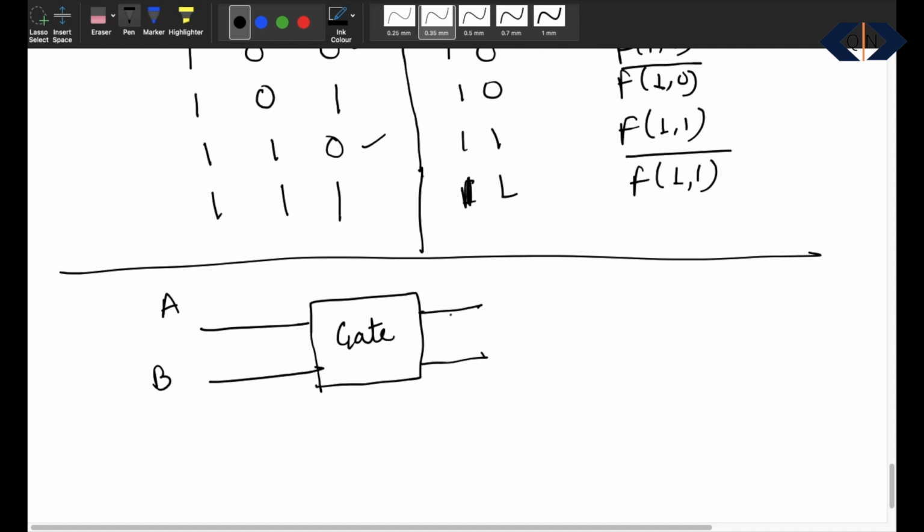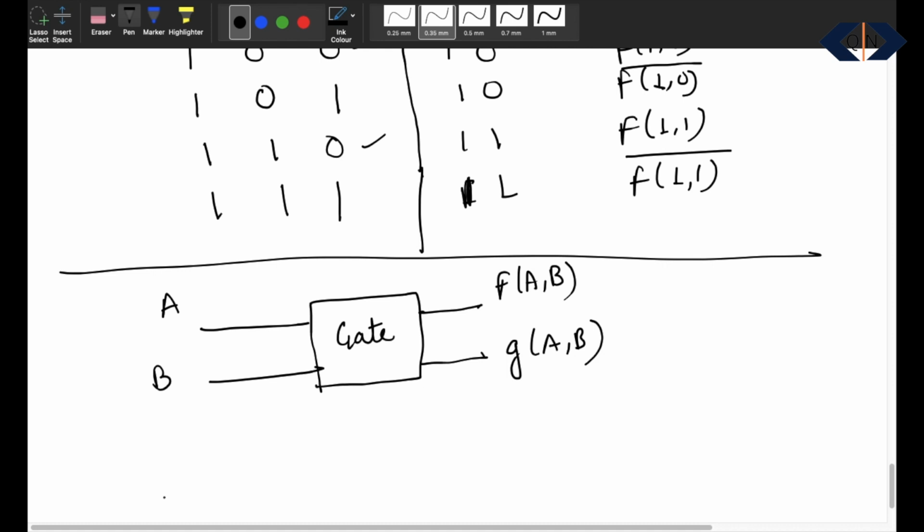Both have equal input and output pins, but it is giving a function of a and b, f of a and b, and this is giving g of a and b, like two different functions they are returning. So there is a huge possibility that both of them have an equal number of inputs and outputs. So the possibility is there that it is reversible, but not always.